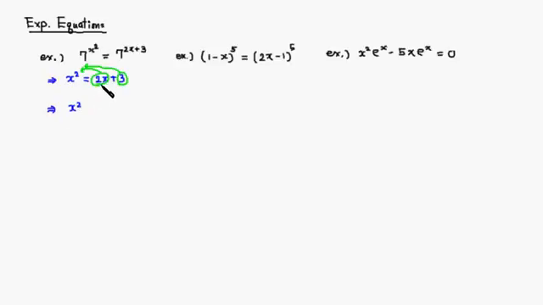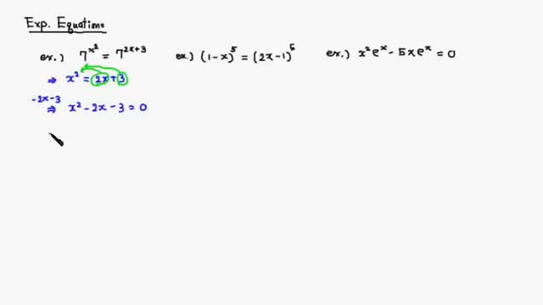In order to move 2x to the other side, we subtract 2x from both sides, so we have minus 2x. Similarly, I'm going to subtract 3 from both sides, so you have minus 3. Since we moved everything from the right hand side, the right hand side is now 0.